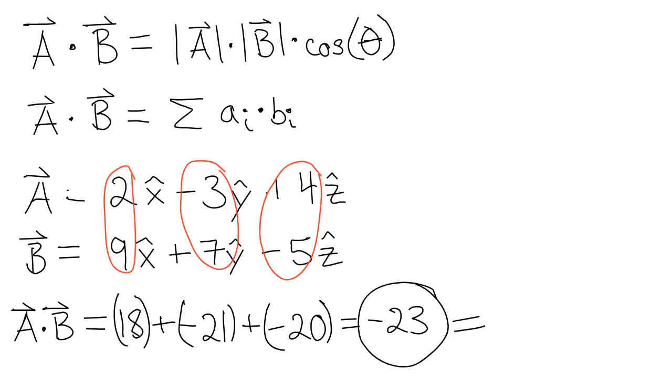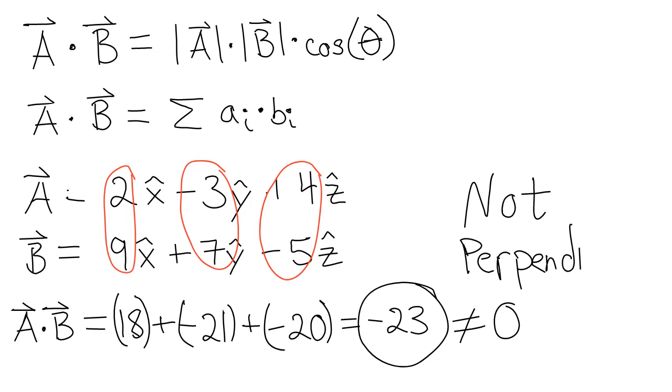Does this equal 0? No. So not perpendicular. Those two vectors A and B are not perpendicular. Any questions about this style of the dot product? Please let me know.